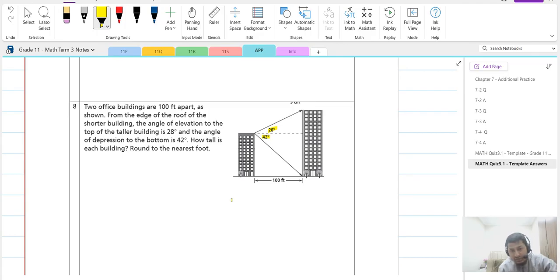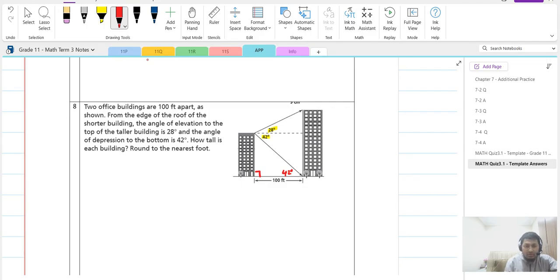We know they are 100 feet apart. We have 42 degrees here. Since we have 42 degrees here, we can take an alternate angle from here coming down. So this is 42 degrees there. This is a right angle triangle.